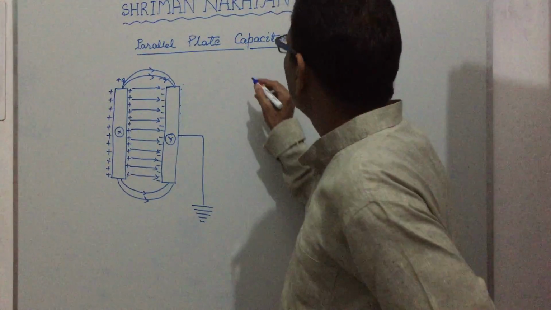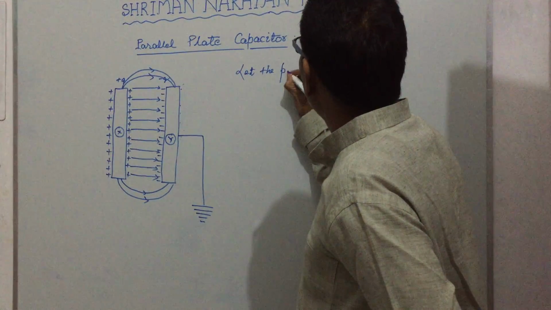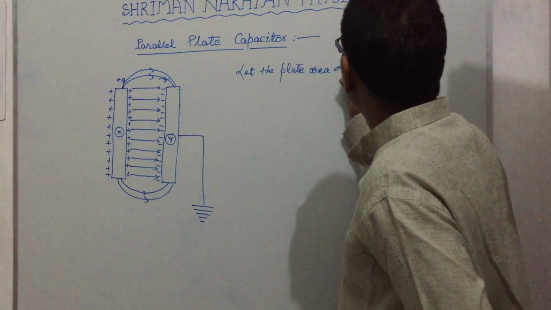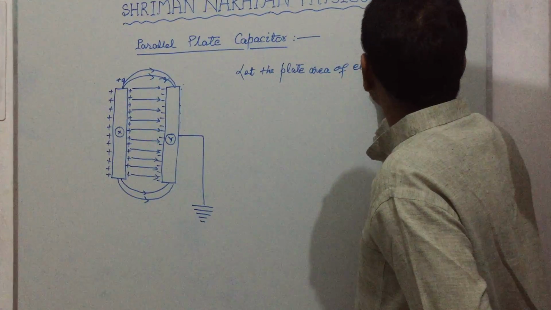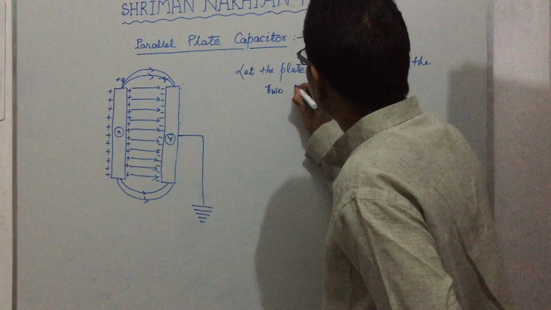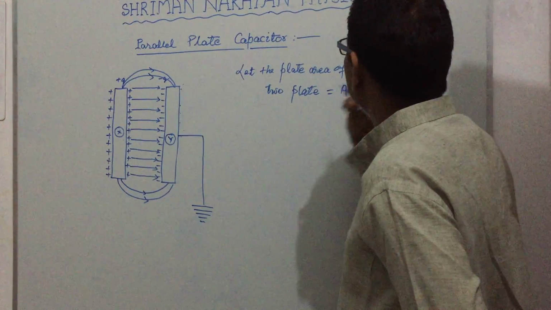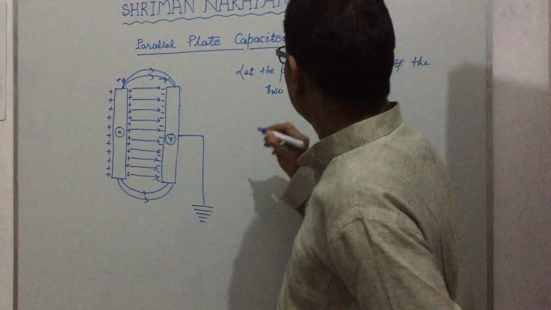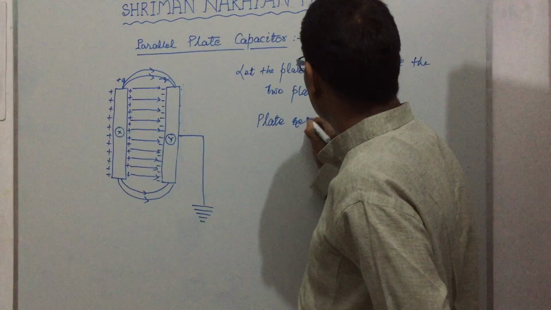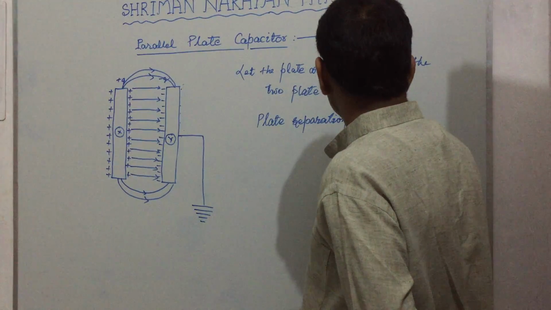So, for this purpose, let the plate area of either of the two plates be capital A. Also consider that the plate separation is equal to small d.